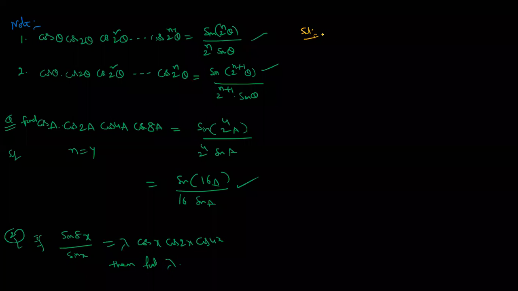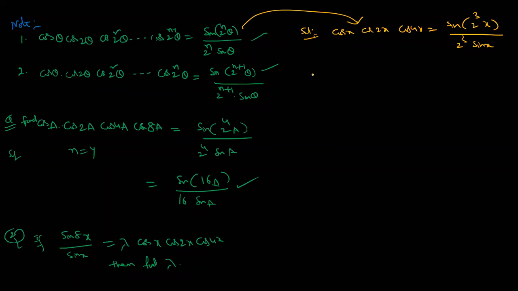Now see, what is the logic? So cos x, cos 2x, cos 4x. So here how many terms are there? 3. n is equal to 3. Apply this formula, dear students. That is sine of 2 power 3x by 2 power 3 into sin x.